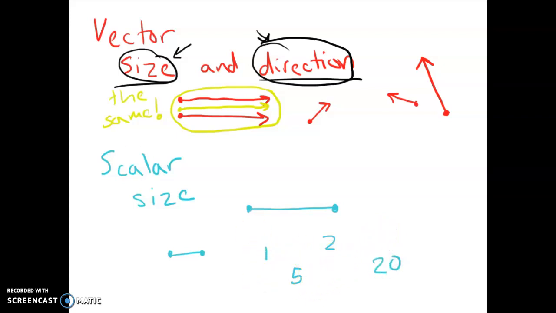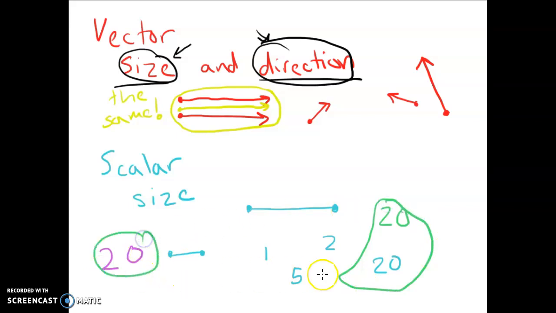Now, to illustrate what I was saying about vectors and say it about scalars, I could have a purple 20 over here. I could have a green 20 over here, but these two 20s and this 20 over here are the same, right? They're all 20.